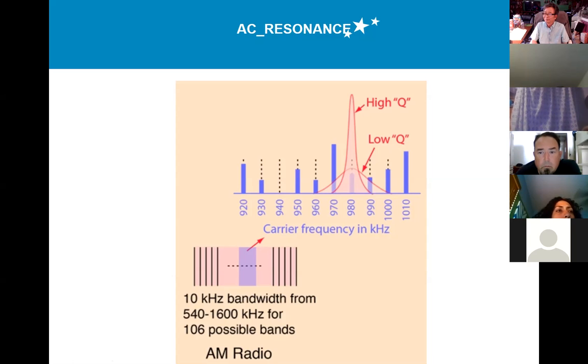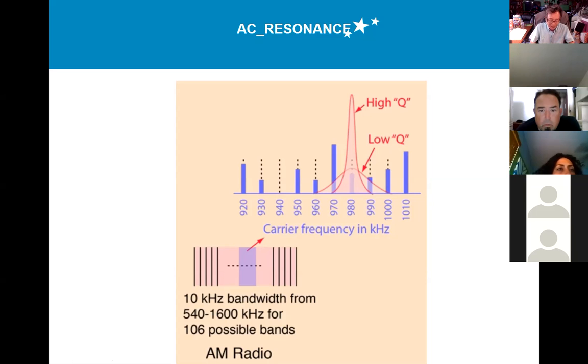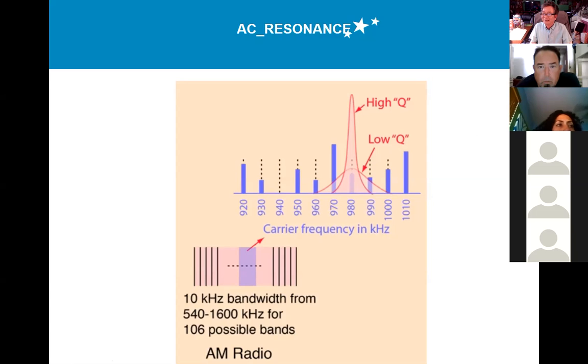High Q. They've given you two signals, one at high Q and one at low Q. Which one do you prefer? High Q. Now, tell me why. Maximum current?